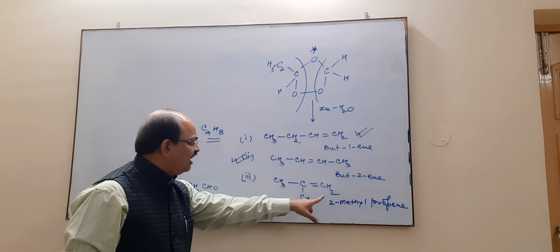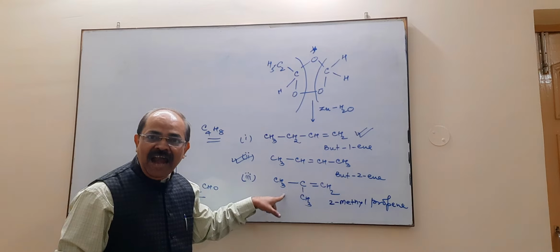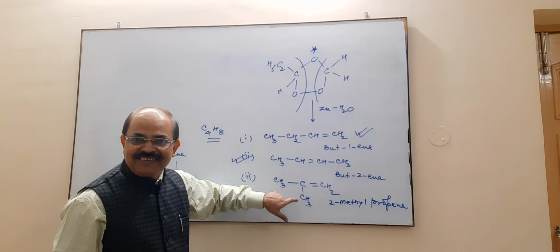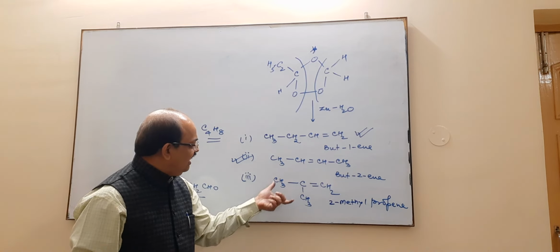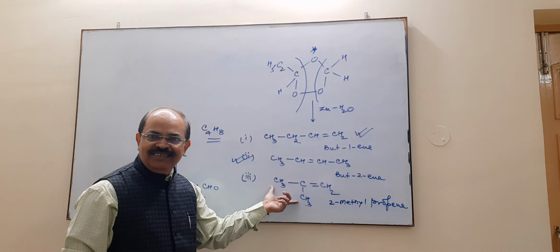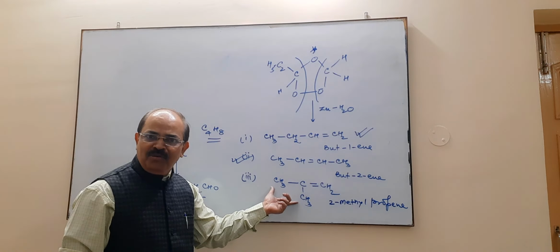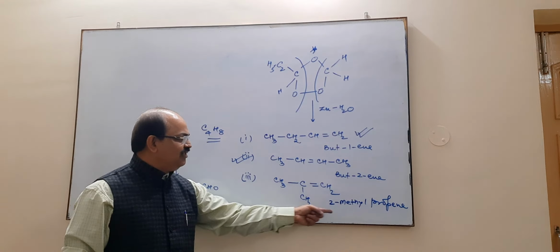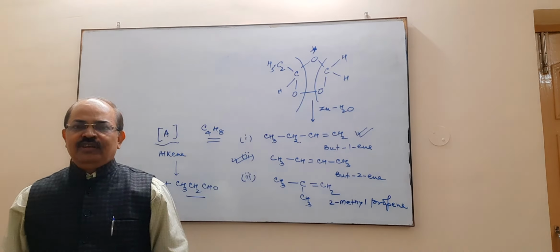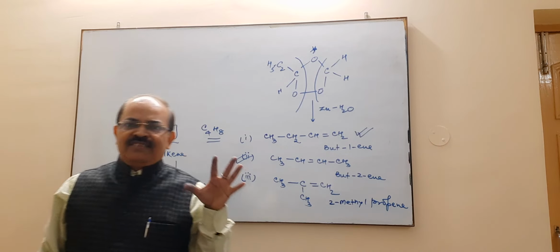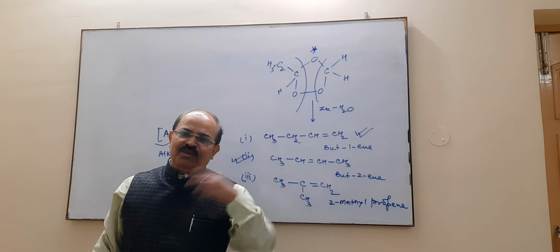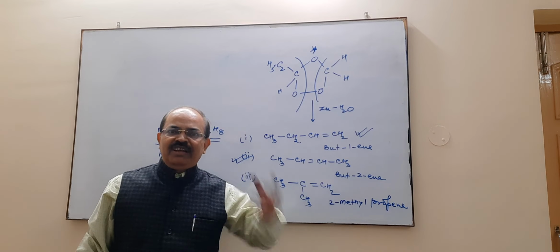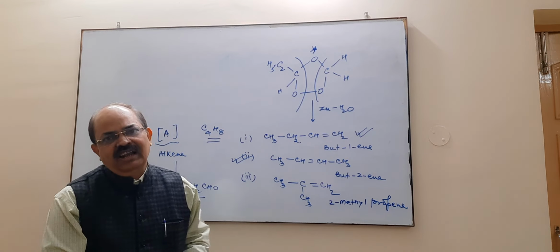But if the products are methanal, formaldehyde, and a ketone, propanone, then the alkene is 2-methylpropene. So in this way we can establish the position of the double bond and find the structure of the alkene.